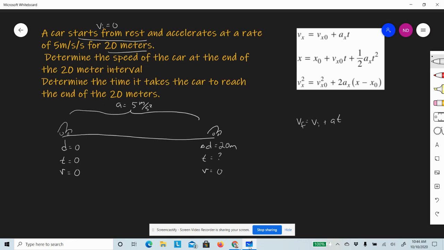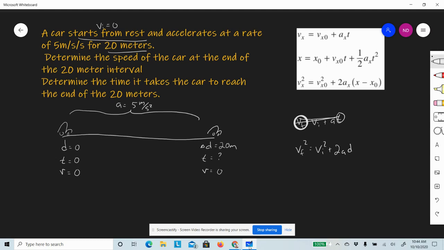Well, that's not very useful to us right now because we want to solve this, but we also don't have time. So we have two unknowns. Can't use that equation. Then we want VF, so we better use the equation here: VF squared equals VI squared plus 2 times acceleration times the distance. Well, this might work.